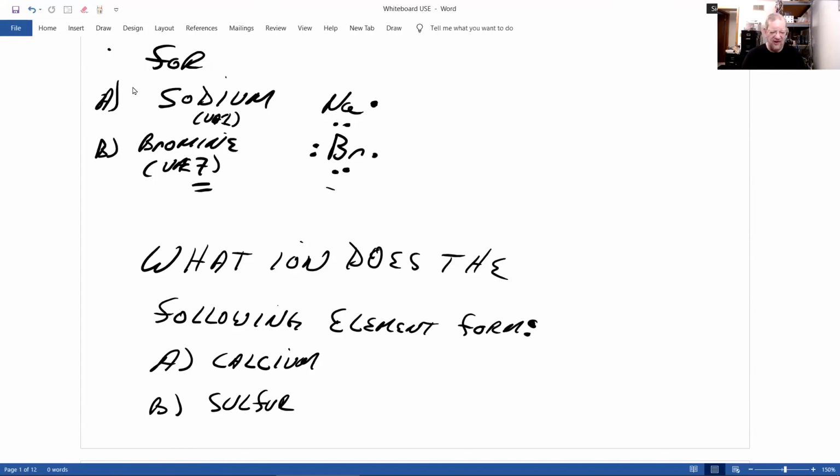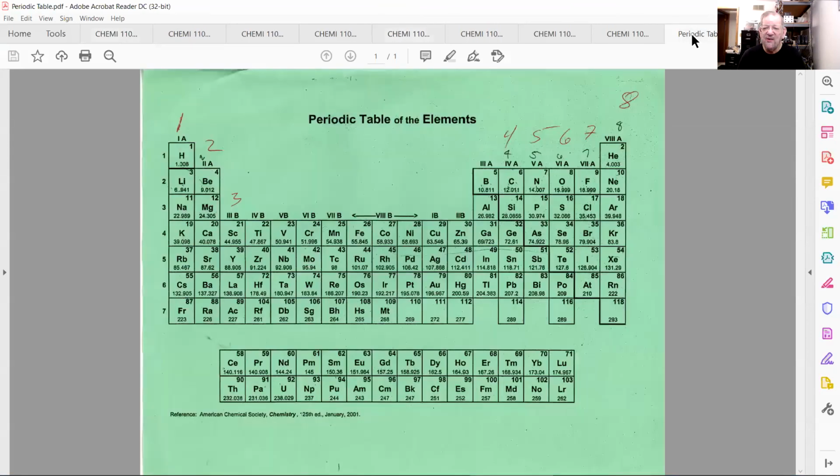So question is, what ion do the following elements form? I have here calcium and sulfur. I'm going to let you try this, but for that, you will need a periodic table. So remember, what ions do calcium and sulfur form? Your turn.